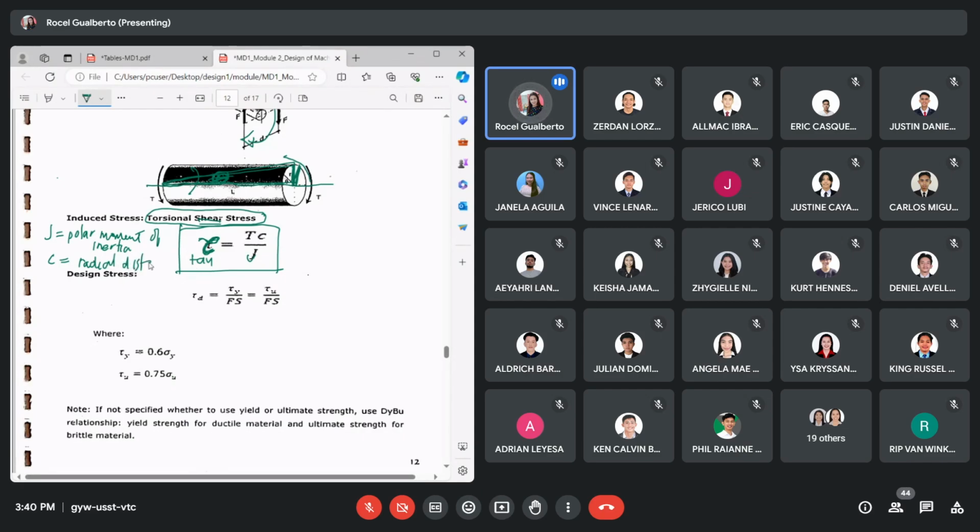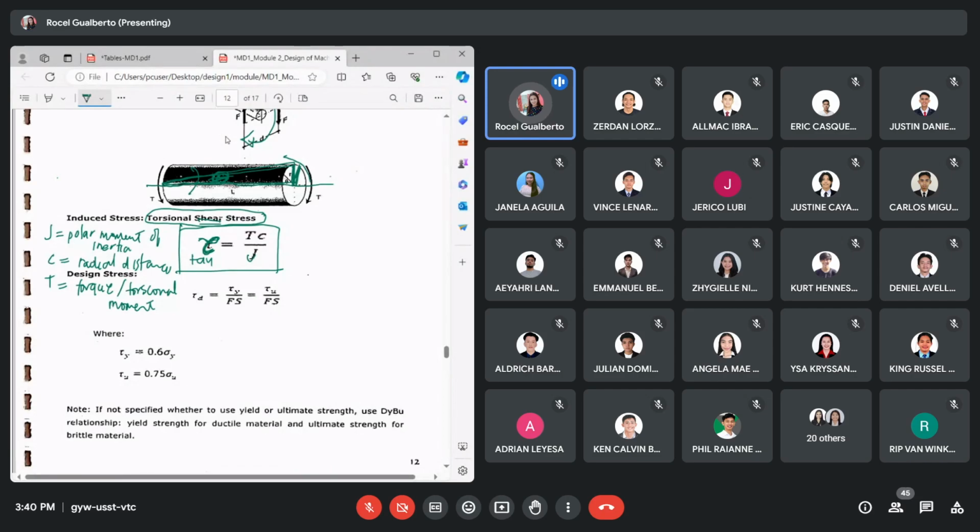And yung T would be yan po yung torque po natin, or we simply call it a torsional moment. The value of the torque is simply equal to the force you applied multiplied by the radius.